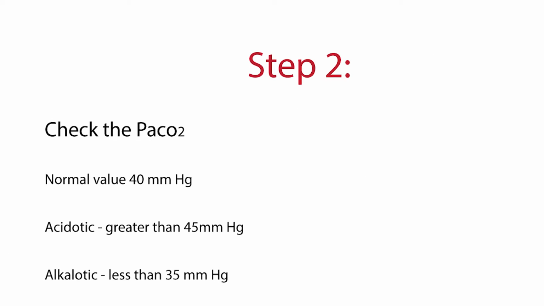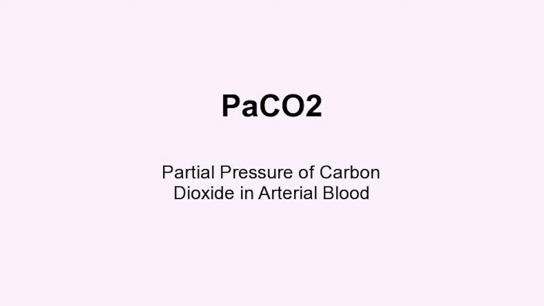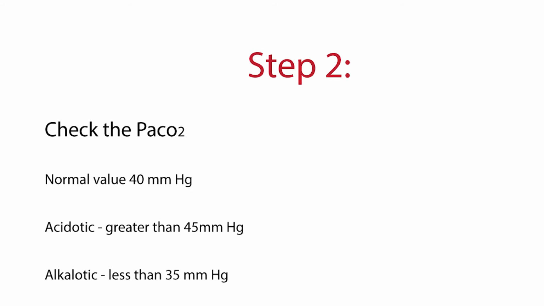Step 2. Check the PaCO2. This is a measure of partial pressure that the dissolved carbon dioxide exerts in the arterial blood. Check PaCO2 for perfect levels, 40 millimeters of mercury. If not, determine if the direction is above or below 40 millimeters of mercury.